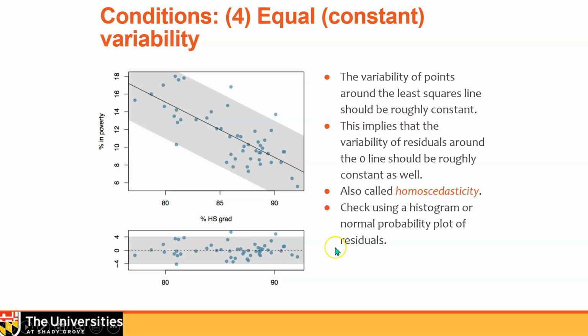You can check that using a histogram, to see how spread out the data is, or using the residuals. When we do a residuals plot, we're seeing that most of the data is pretty evenly distributed between -4 and 4 as the dimension of the variability. They're roughly in this band.